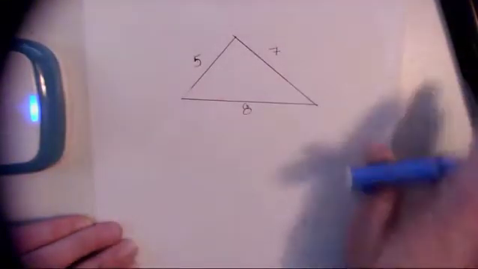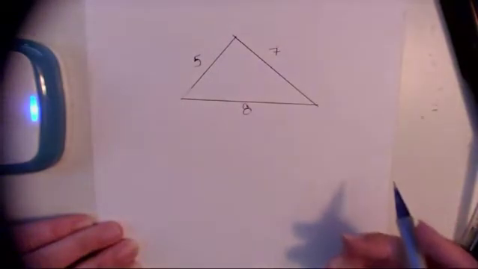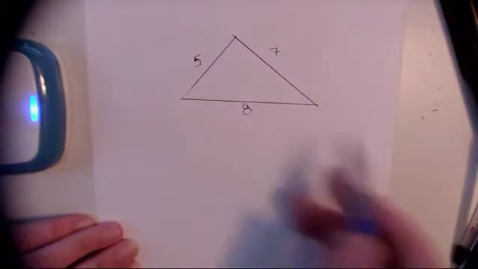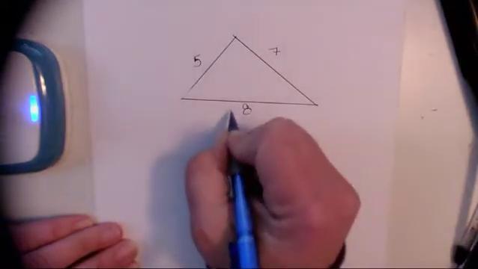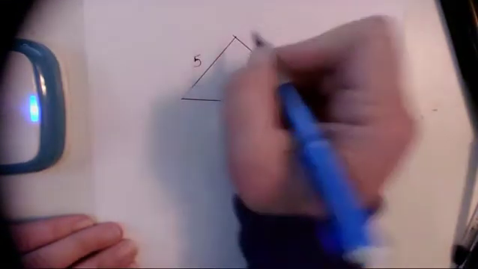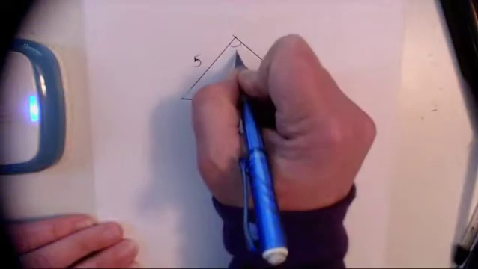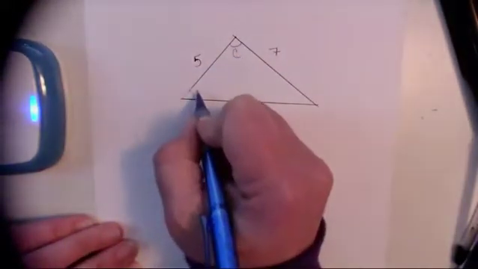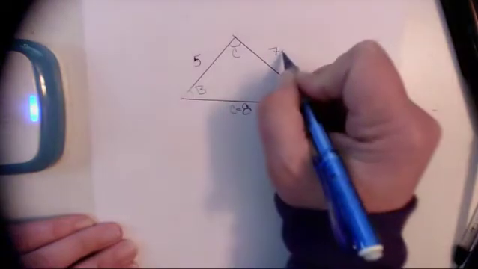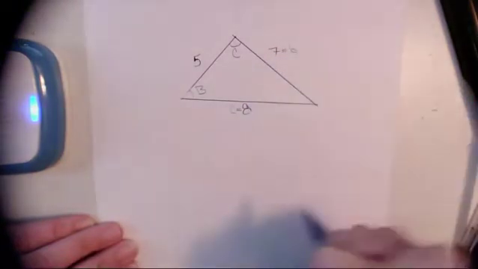The first thing I do is make sure that I'm keeping track of what side and what angles I have. So I label everything. I'll call this guy C, and that means this angle is big C. I'll call this guy B, means this opposite side will be little b.